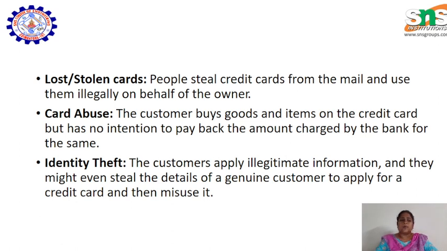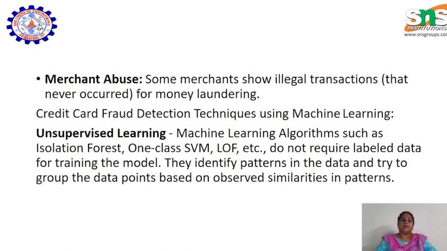This is one kind of card abuse. Then identity theft. What is identity theft? The customer supplies illegitimate information, and they might steal the details of the owner or the customer to apply for a credit card, and then they misuse it. These are all the different types of theft.